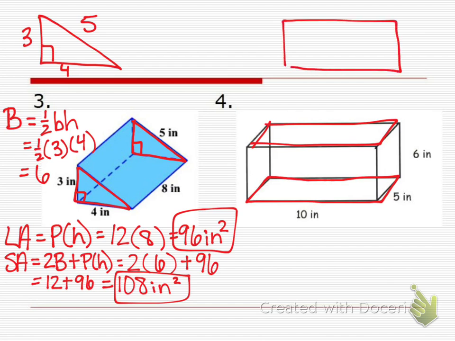So if I draw out this rectangle that we said was going to be our base, what's the length of the top edge? 10, and the bottom edge would also be 10, and the side edges are not 10. They are 5.